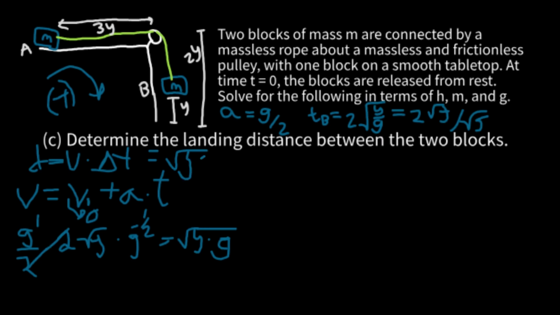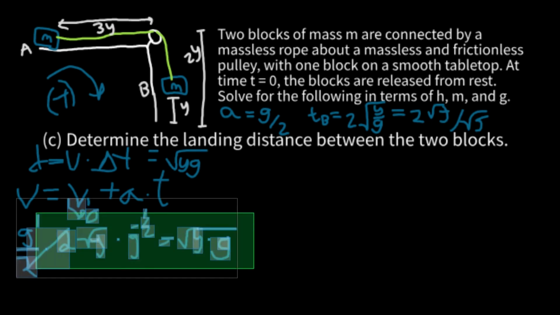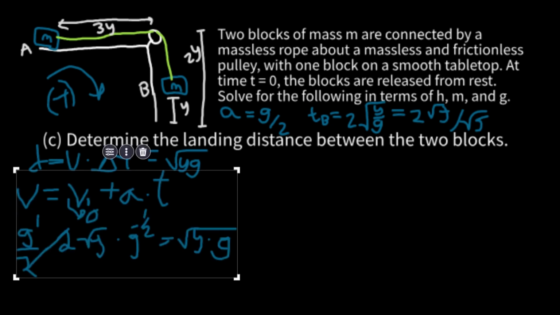Alright, so that is our final velocity, so we can plug that into this equation, square root of yg, and now we need to determine the time it takes for A to hit the ground. My handwriting is not doing very good today, so we've just got YG. Alright, so I'm going to make a kinematics chart for this.